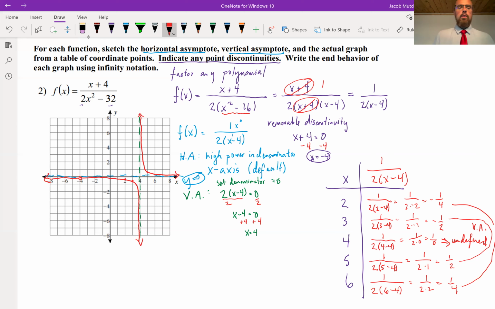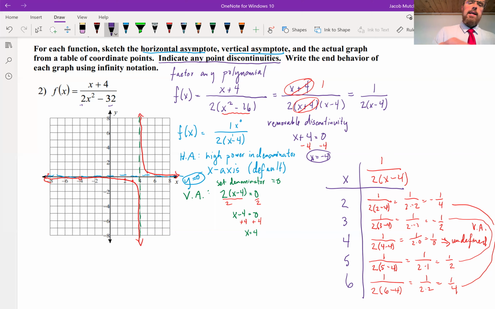If I were to look on a graphing calculator, I wouldn't have that open point. It, in fact, would look continuous. So on a graphing calculator, you wouldn't see that removable discontinuity except in a table. And like our y value at +4, it would show up as undefined. So that finishes graphing. We've got our function plotted here with its removable discontinuity, its horizontal asymptote, its vertical asymptote.